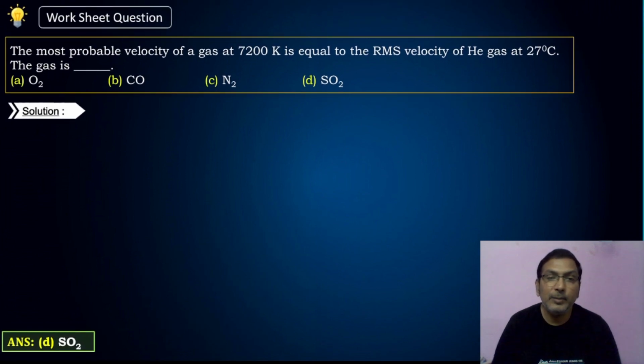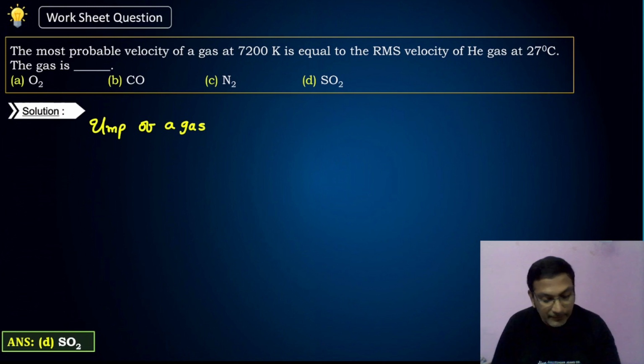The most probable velocity of a gas at 700 K is equal to the RMS velocity of helium at 27 degrees centigrade. The gas is? So here most probable velocity of a gas equals RMS velocity of helium.